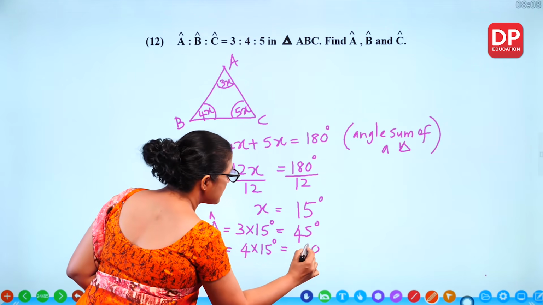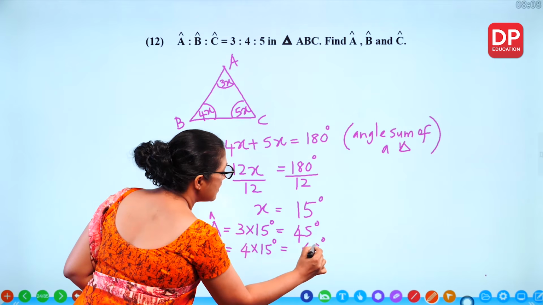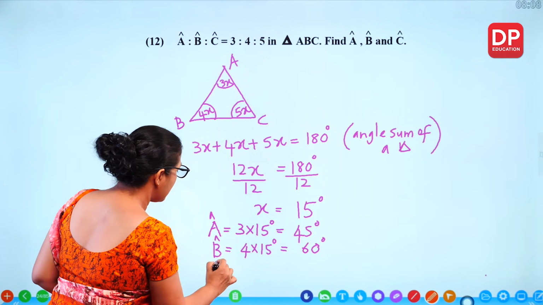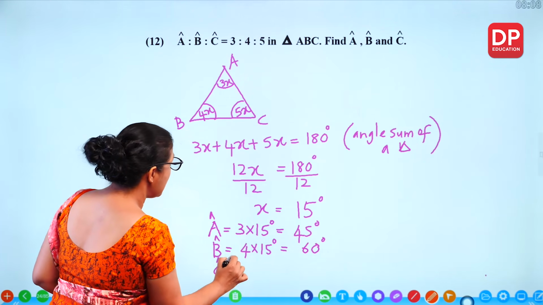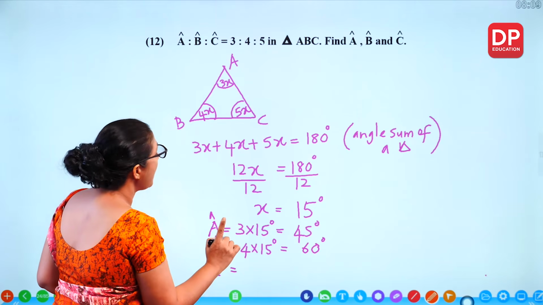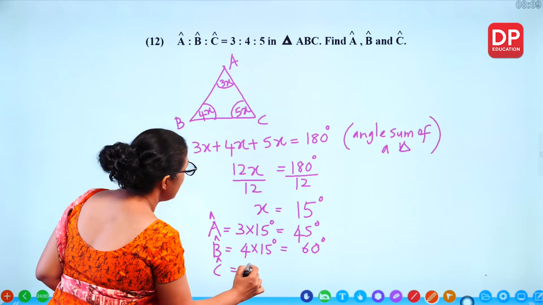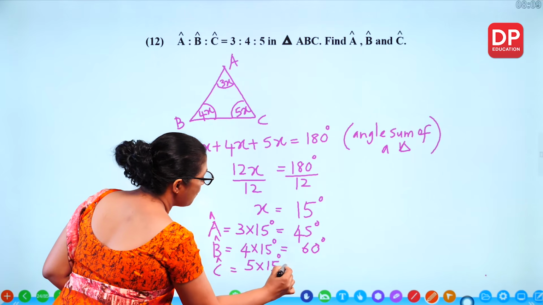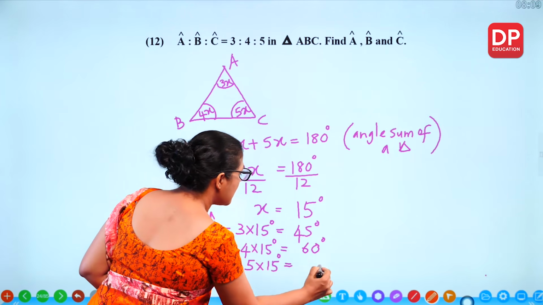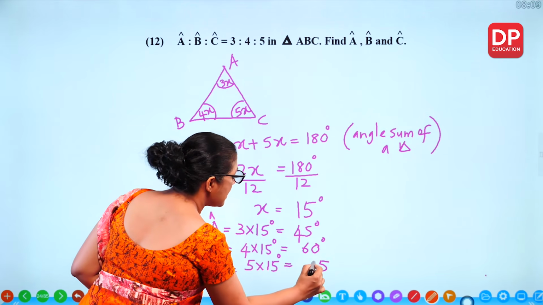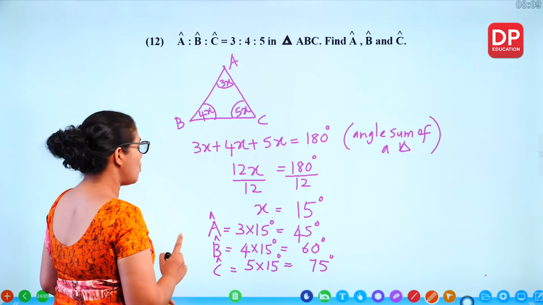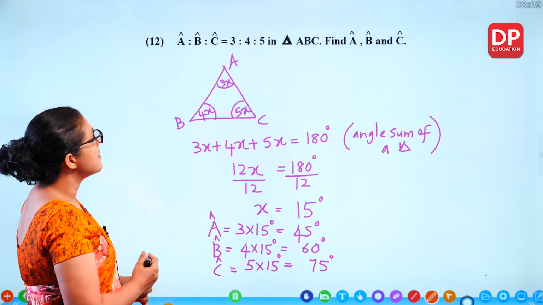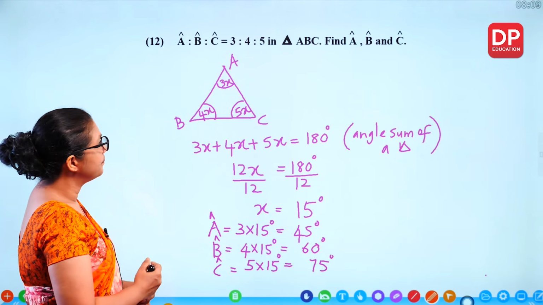You get 60 degrees. Now C angle. What's the C angle? 5x. So that means 5 times 15. 5 times 15 is 75. So those are the 3 angles in this triangle.